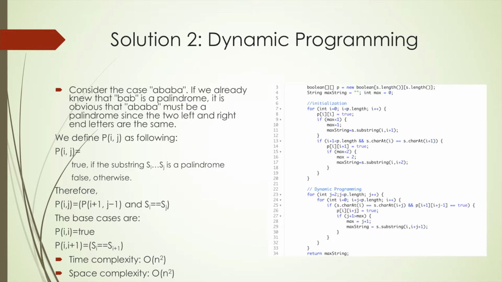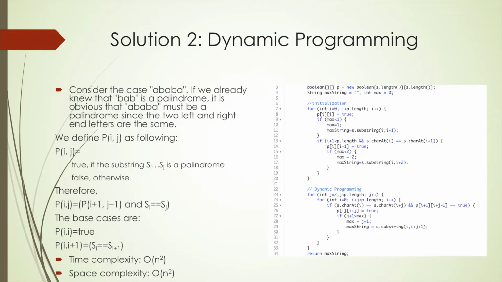For the dynamic programming, we need initialization. The initialization cases are P(i, i). We can think that a single letter must be a palindrome, so P(i, i) equals true. The other is P(i, i+1). If S_i equals S_(i+1), then P(i, i+1) equals true.